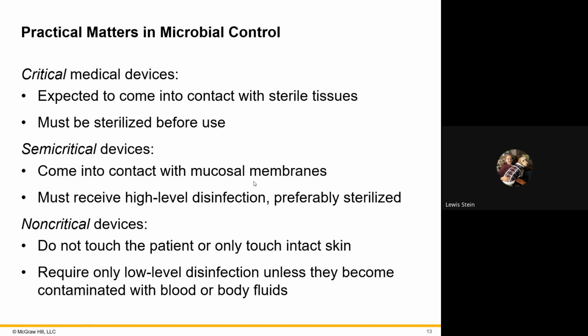Theoretically, and for years, when someone would have a scope done, whether it was an endoscope or a colonoscope, effectively, we used systems that did not sterilize them in between patients.